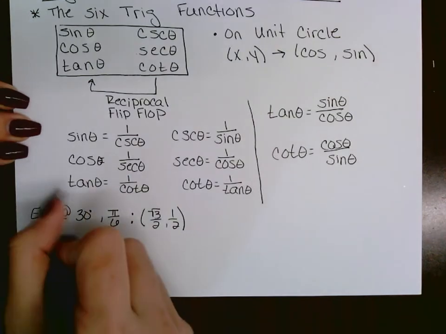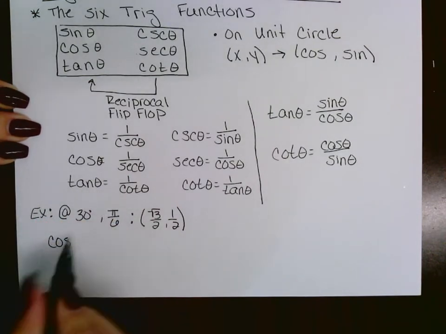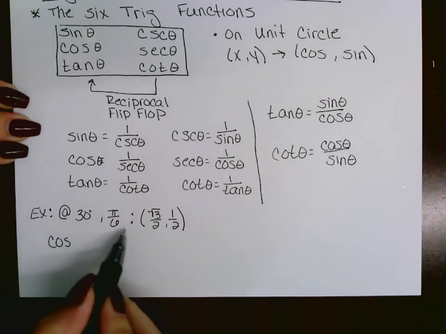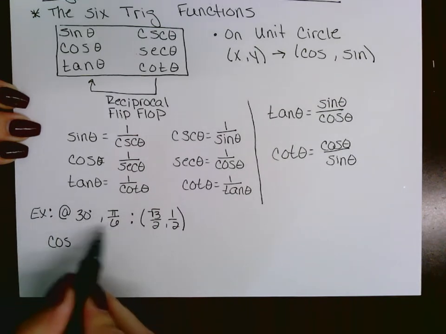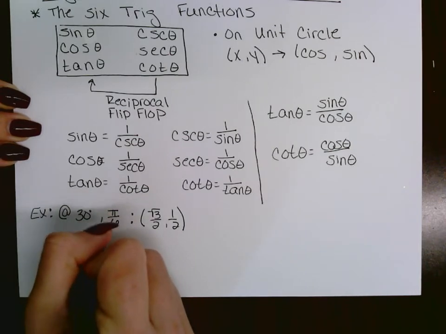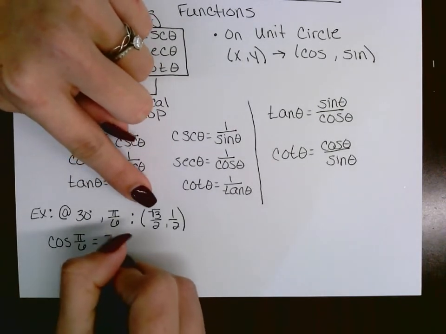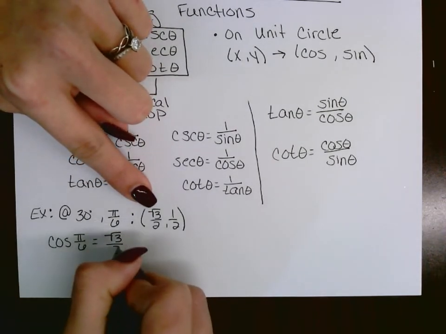So I know that cosine of the theta they're specifically talking about here, 30 degrees and pi over 6, so this is cosine of pi over 6 equals my first spot, which is radical 3 over 2.